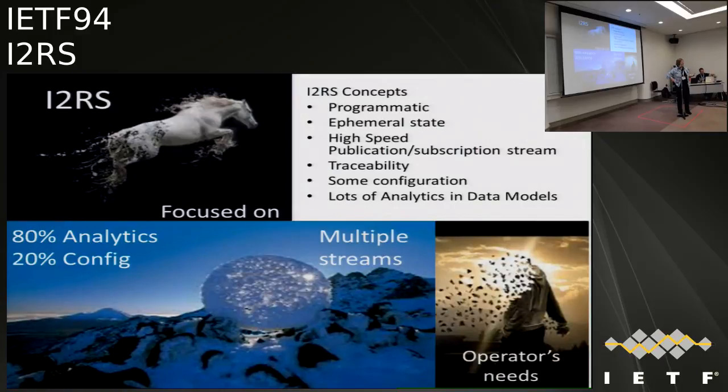NETCONF works just fine for a lot of configuration, but we were looking for configuration that was targeted for high speed and combined with analytics. Some of the next things I'll say will not make sense unless you remember that. We also wanted to have probably 80% analytics, 20% configuration, and multiple streams.